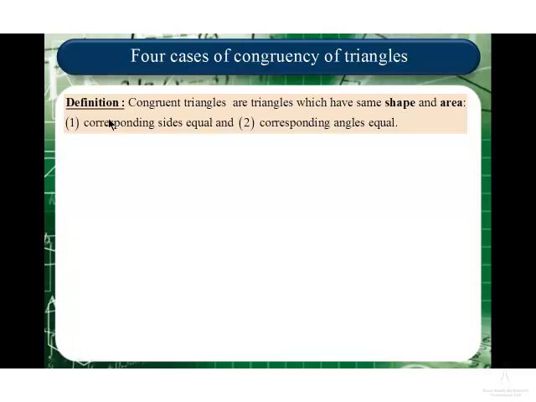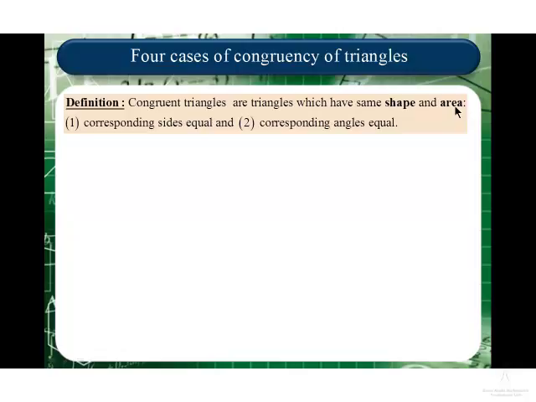We will start this lesson by considering the 4 cases of congruency of triangles. But first of all, we have to actually explain and define what is meant by congruency of triangles. So here we have the definition then. Congruent triangles are triangles which have the same shape and area.